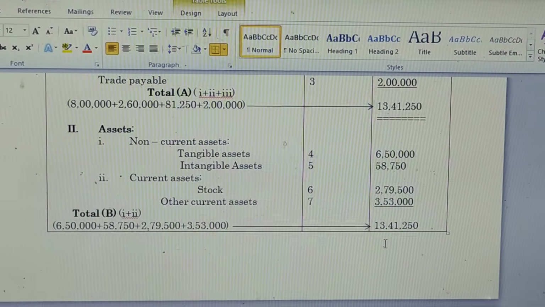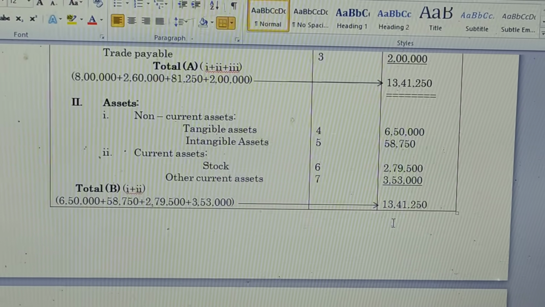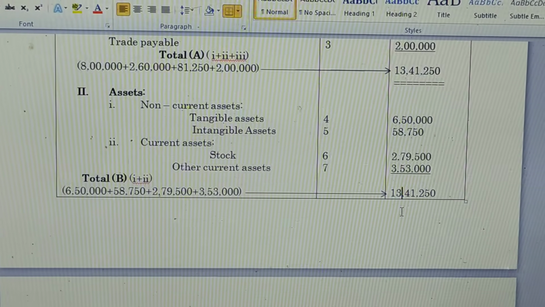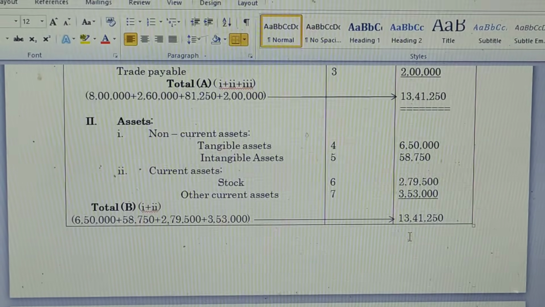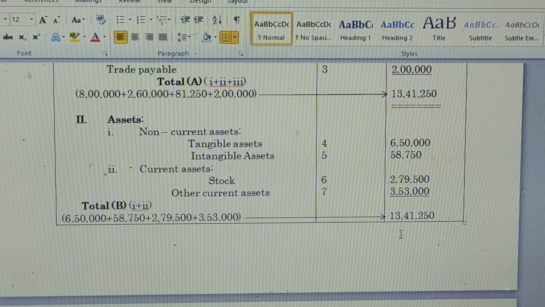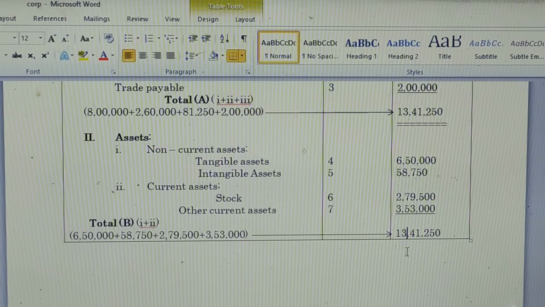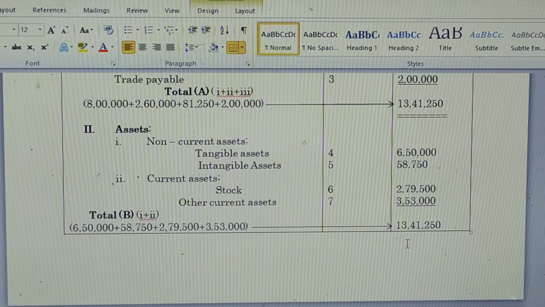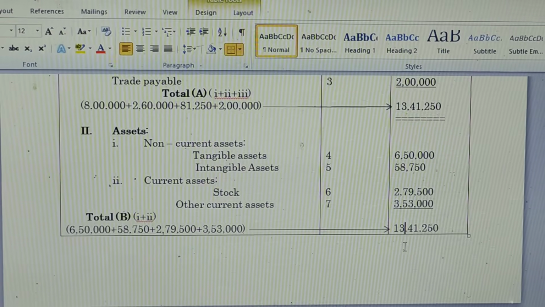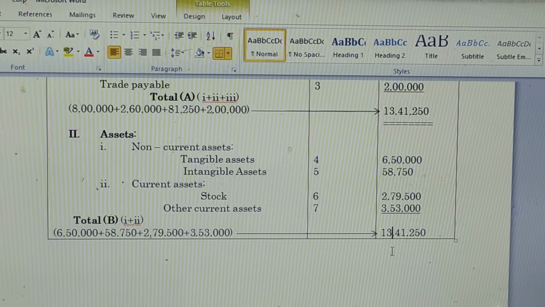Under the current assets we have to mention stock, that is note number 6 heading. Number 6 will be mentioned in the note number column, and note number 6 total is 2,79,500. Other current assets, that is note number 7 total. Number 7 will be mentioned in the note number column. Note number 7 total is 3,53,000. So the total assets are 13,41,250. It means 6,50,000 plus 58,750 plus 2,79,500 plus 3,53,000. That's all.